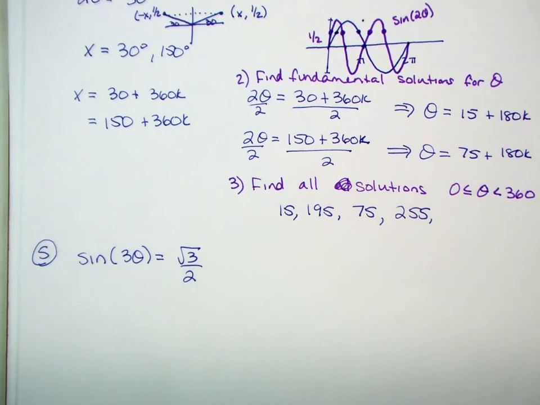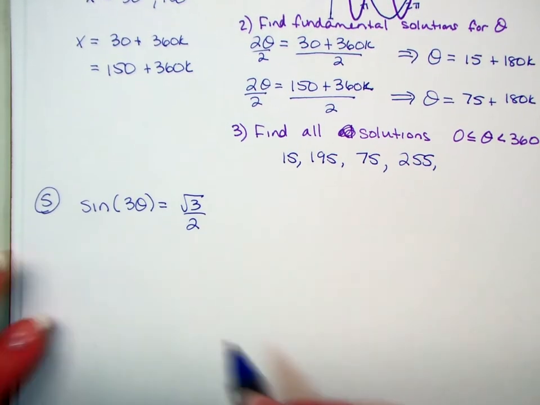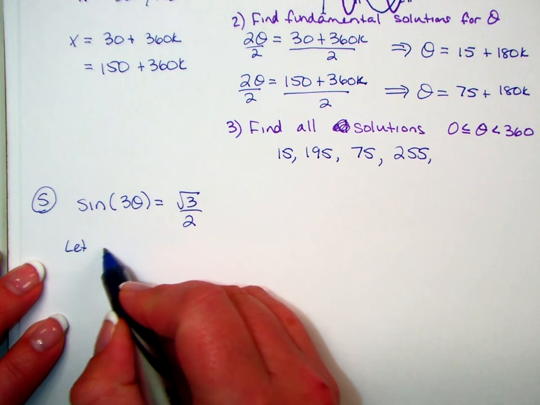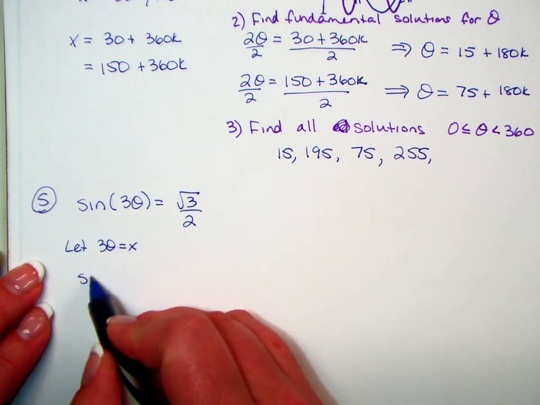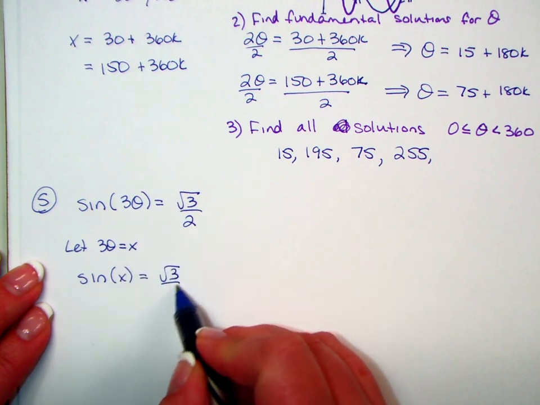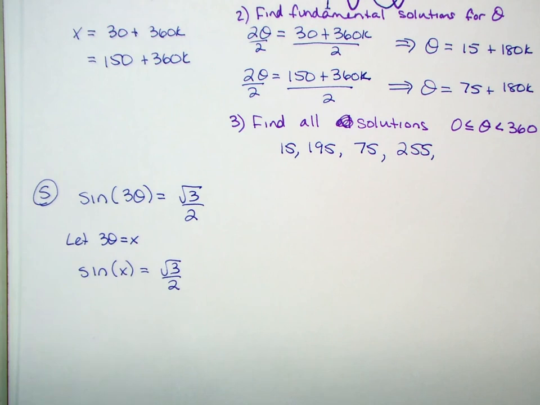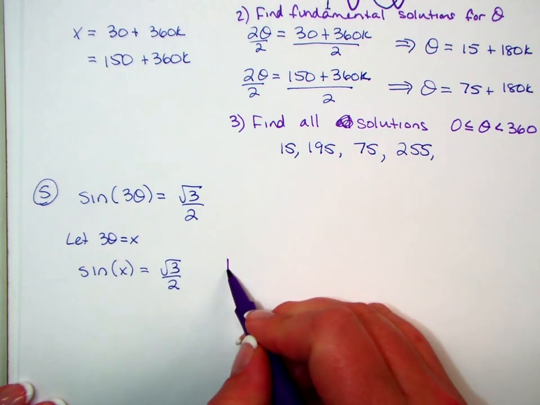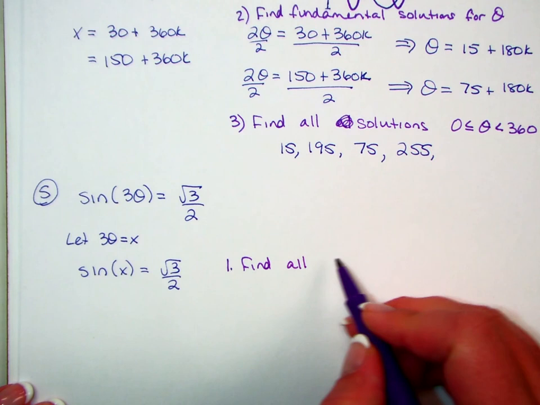Let me just not make that mistake. Okay. So let 3 theta equal x. Right. So now I really have sine of x equals rad 3 over 2. And I want to find all the fundamental solutions for x. Okay, so number 1, find all the fundamental solutions for x.